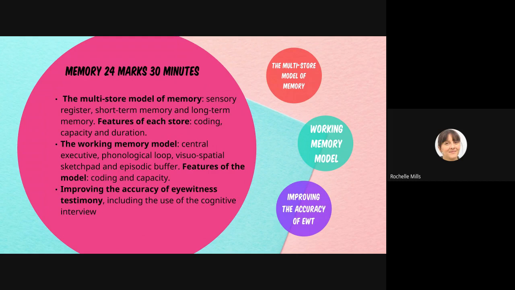So like the idea that central executive is the initial system, and it divides information and sends it to one or two of the slave systems, etc. So yeah, if you're drawing the diagrams, make sure you add in additional information to that.